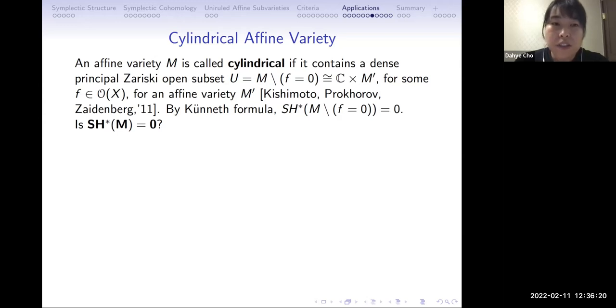So my question is: does the original affine variety have vanishing symplectic cohomology? At first I thought maybe the symplectic cohomologies are isomorphic.